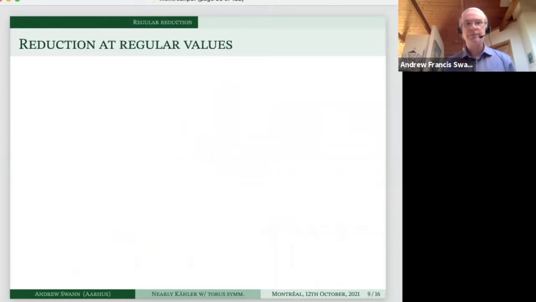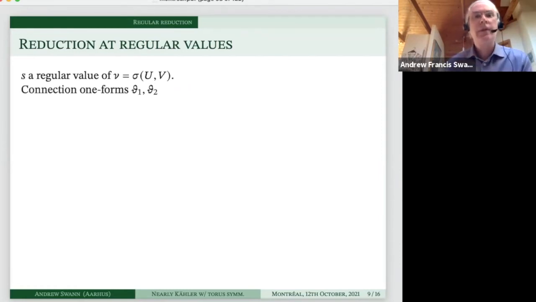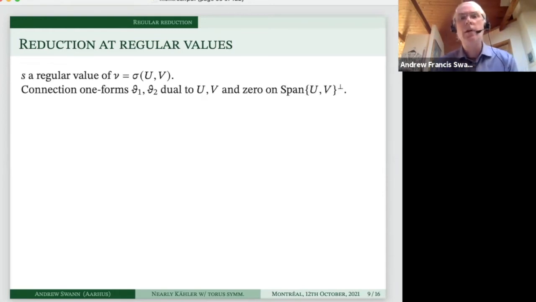So let's take some regular value. Then let's set up a couple of connection one forms for the torus action. I'm assuming this acts effectively, and S is a regular value. I should say it's a non-zero regular value. I forgot to write that on the slide.